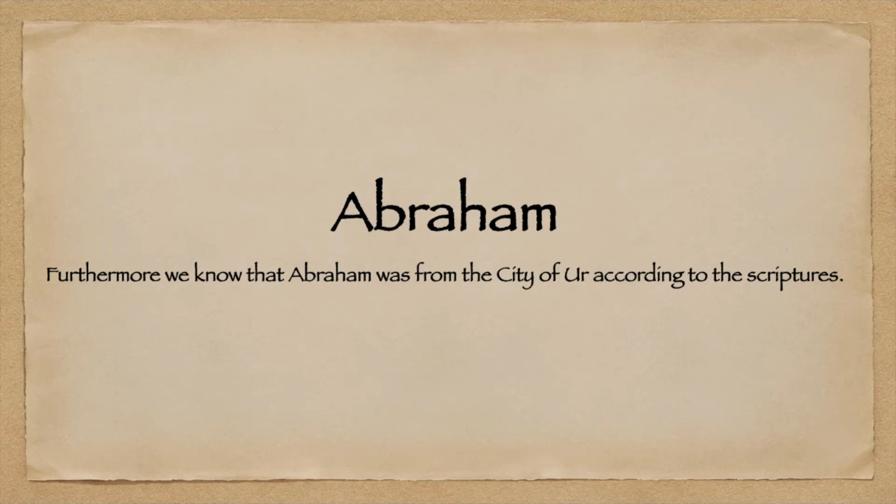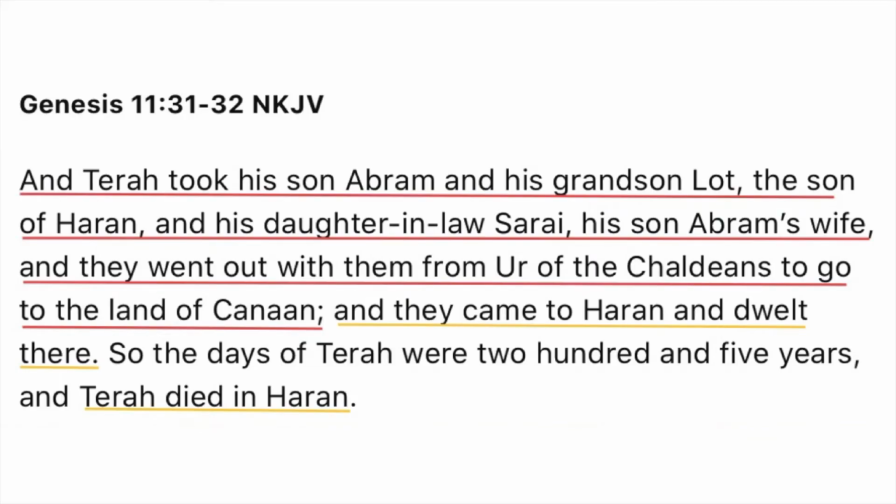Now furthermore, we know that Abraham was from the city of Ur according to the scriptures. Genesis chapter 11 verse 31 through 32 says, "And Terah took his son Abram, and his grandson Lot, the son of Haran, and his daughter-in-law Sarah, his son Abram's wife.